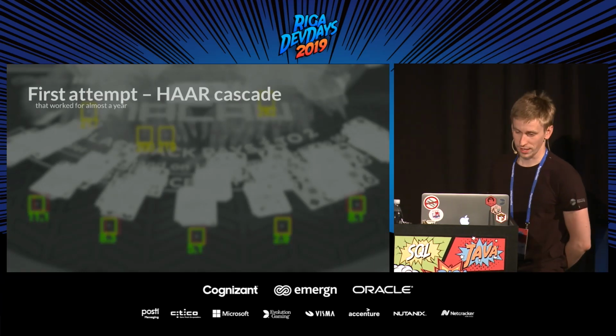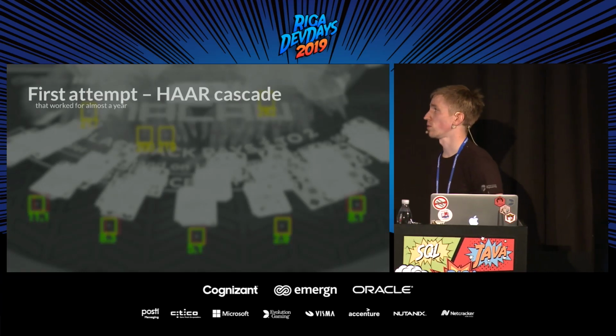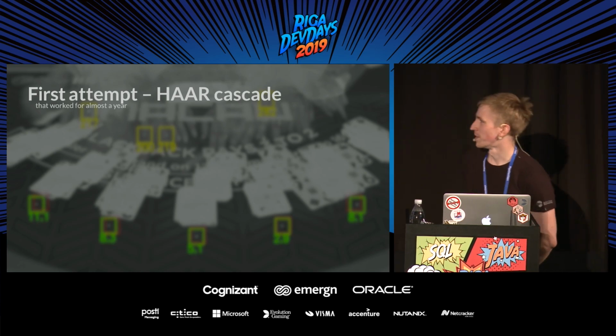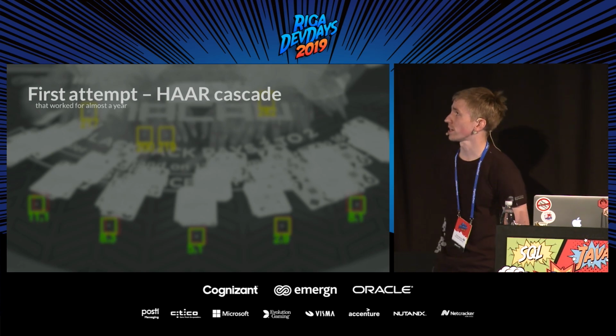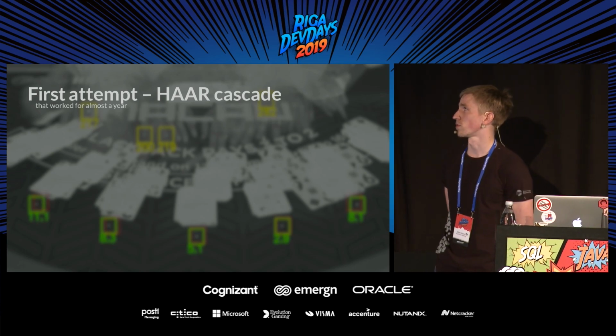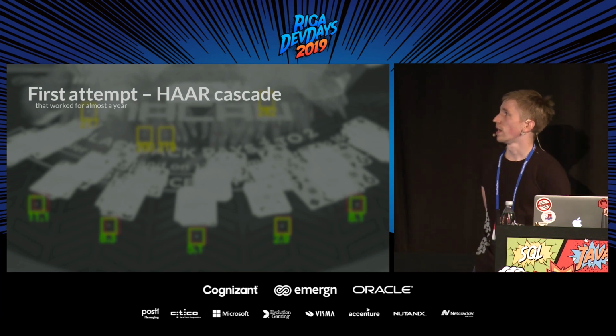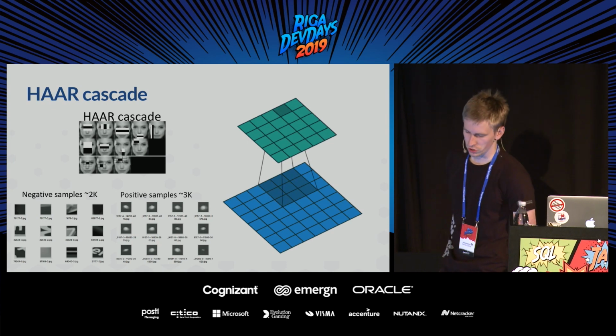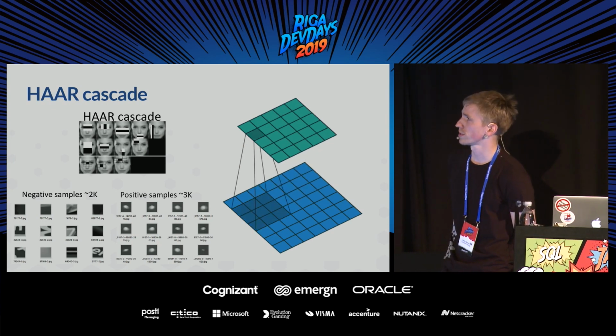First approach, getting back to the LEDs. The first approach we tried to find the LEDs was the Haar Cascade. I took the Haar Cascade implementation from the OpenCV library, and to do that we just threw in a bunch of positive and negative samples with the LEDs.